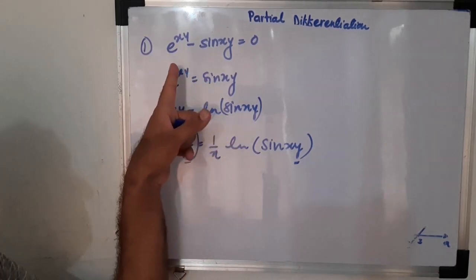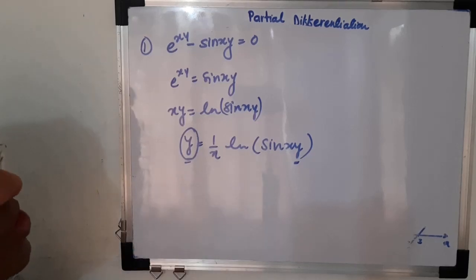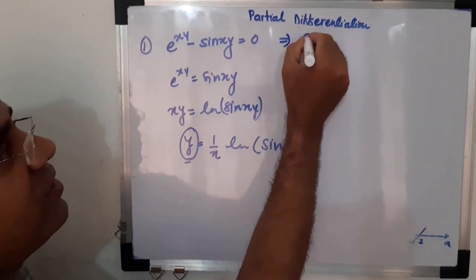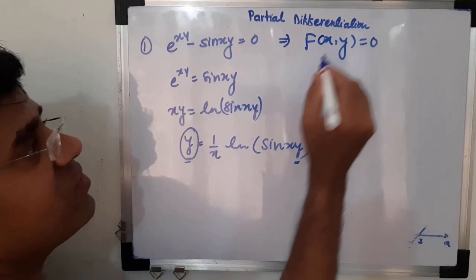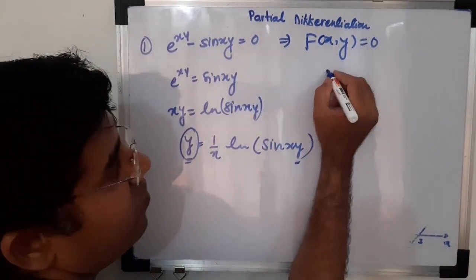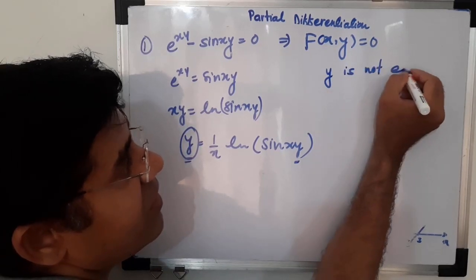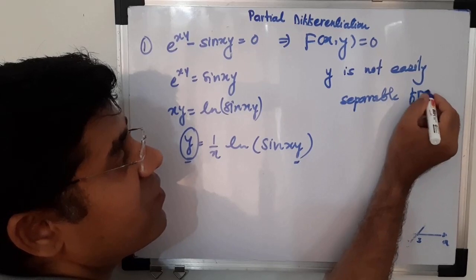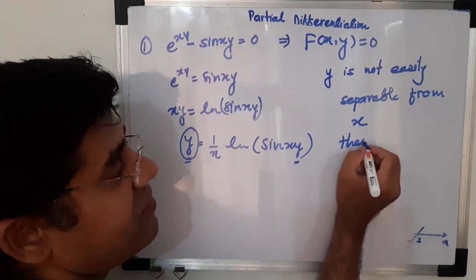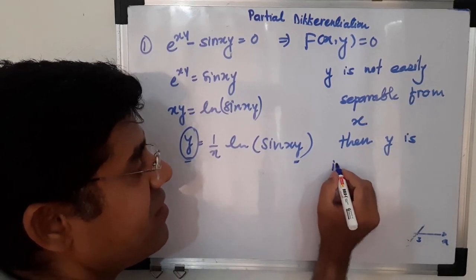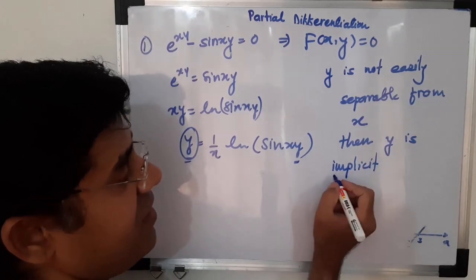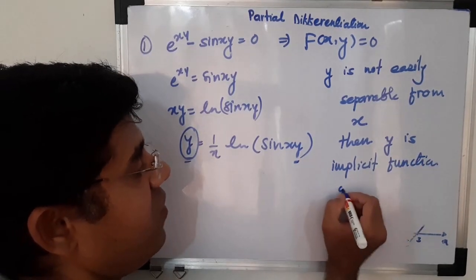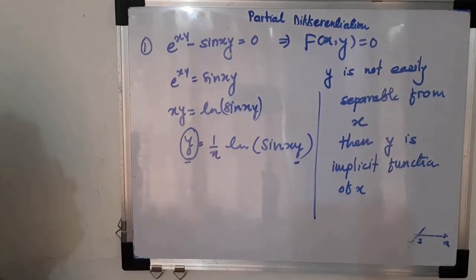When you are given a function f of x and y equal to 0, and y is not easily separable from x, then y is an implicit function of x.